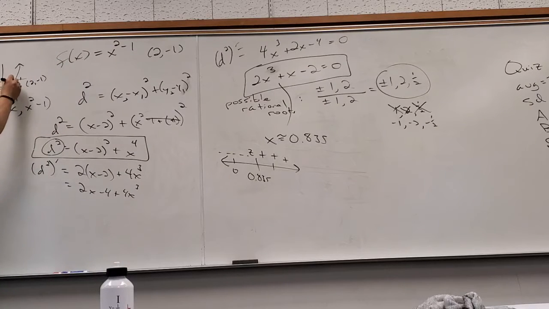This point right there, that is the closest this function gets to this point, is the point 0.835 comma what? Plug it in. Somebody help me out. 0.835 squared minus 1, all right? You guys follow? We wrote the answer. It's one of the first things we did. There's the answer right there. All we had to do is know what x was.